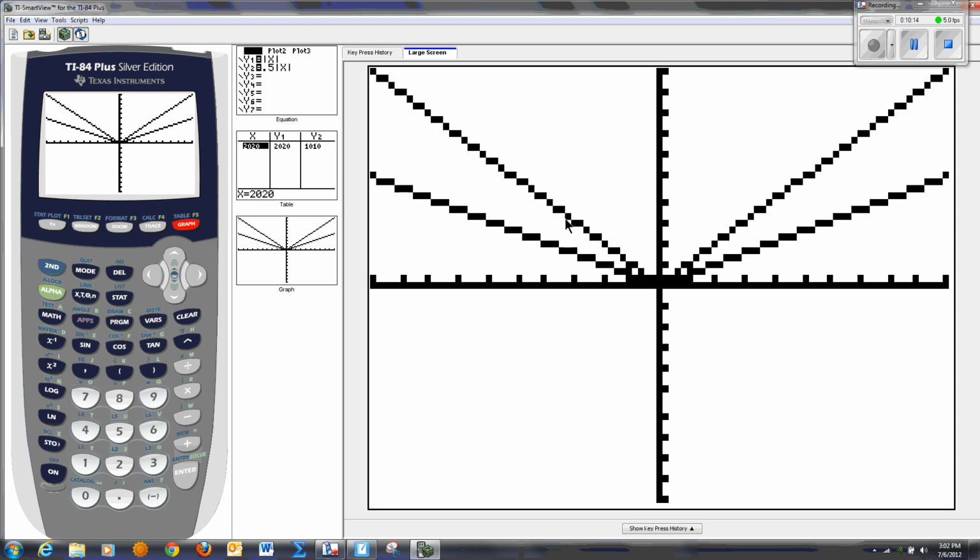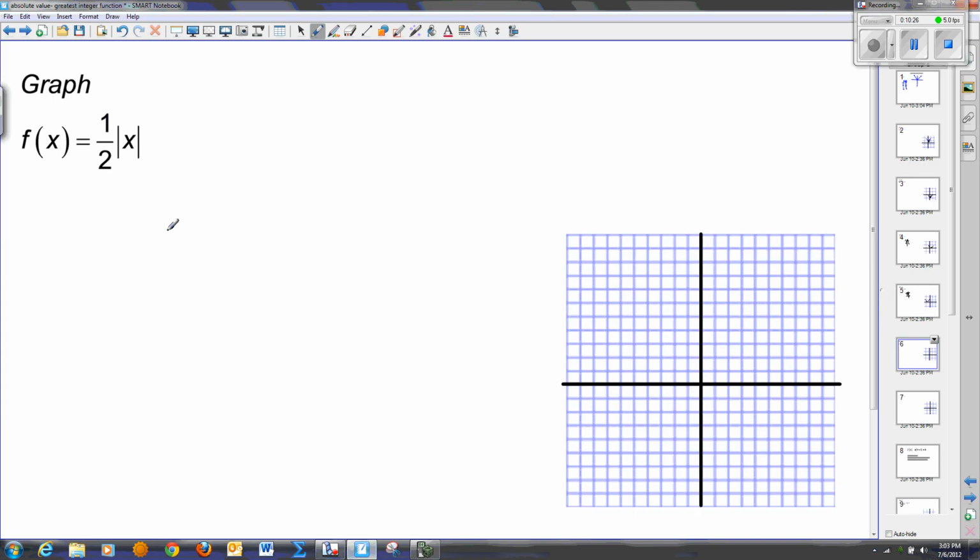So what's happened is the graph actually now looks a little bit different. It no longer has a pattern of over 1 and up 1 and over 2 and up 2. In fact, if we now plug this in, let's use that XY chart again. Since my vertex was still 0, 0, if I go over 1 and plug in 1, I get a half out.